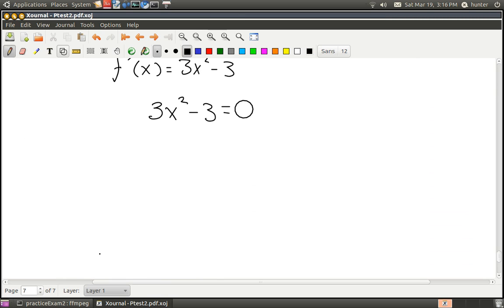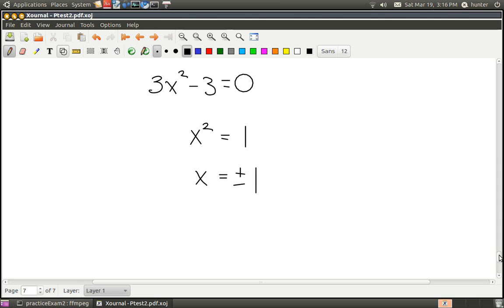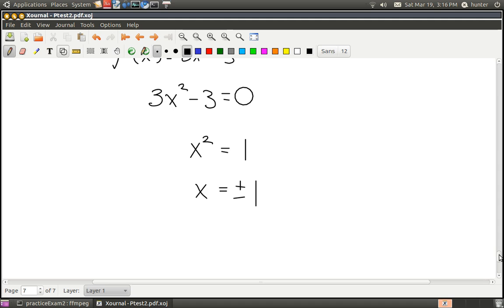Alright, so solve this equation. This means x squared is equal to 1, and so x is equal to plus or minus the square root of 1, which is 1. We could look at the picture again, but normally you're not going to have a picture.